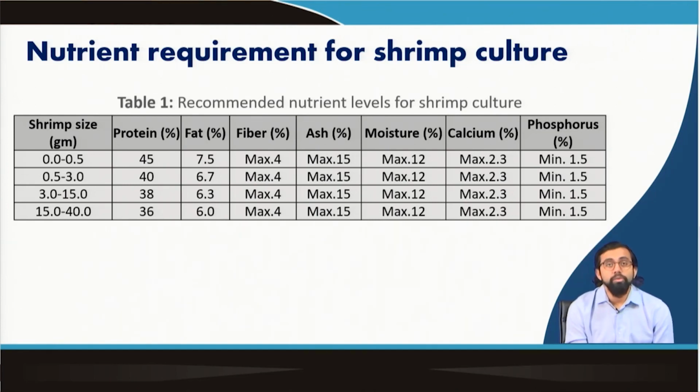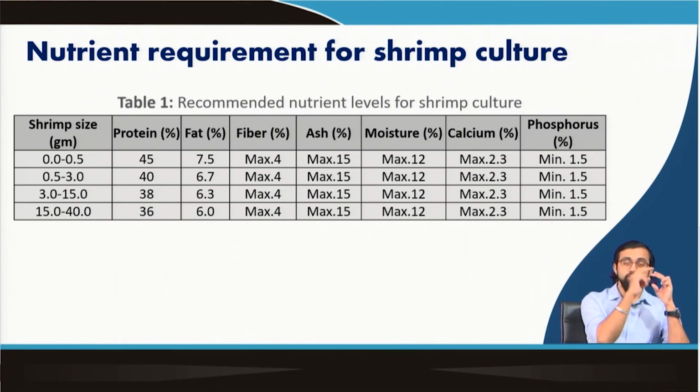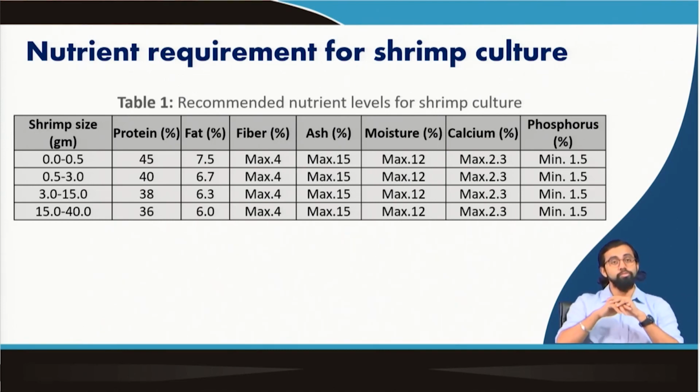In general, the nutrient requirement for shrimp culture depends on the size. If you see this particular table, for up to 0.5 gram, from birth to 0.5 gram, it has a requirement of around 45% protein, 7.5% fat, no more than 4% fiber, no more than 15% ash content, no more than 12% moisture, and a minimum of 1.5% phosphorus content.